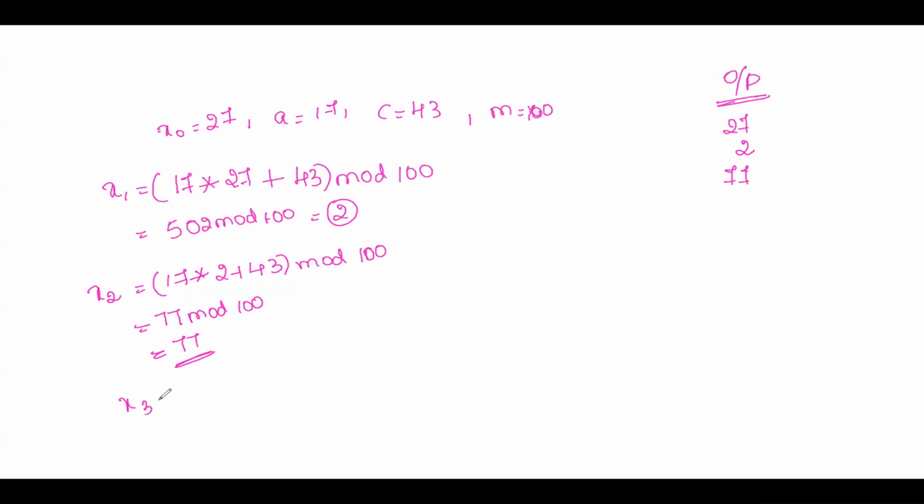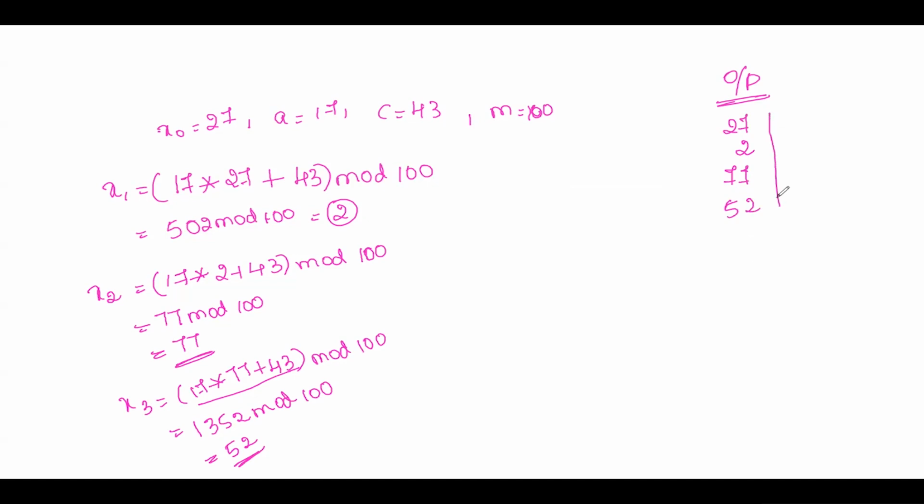Let us calculate x3. So 17 into 77 plus 43 mod 100. This calculation will give us 1352 mod 100, which is nothing but 52. Hence, the next random number is 52.